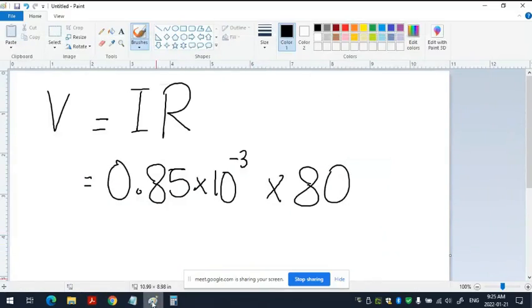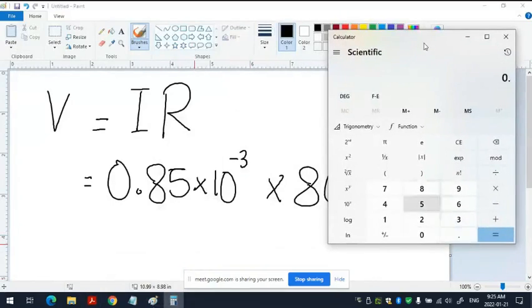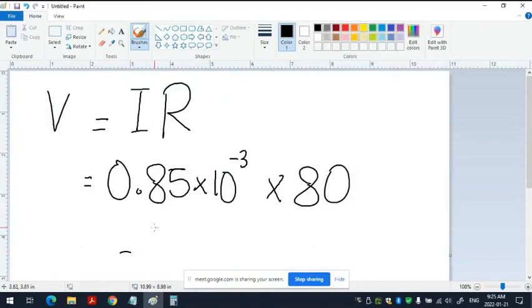What would that be? What's the unit? V, V.